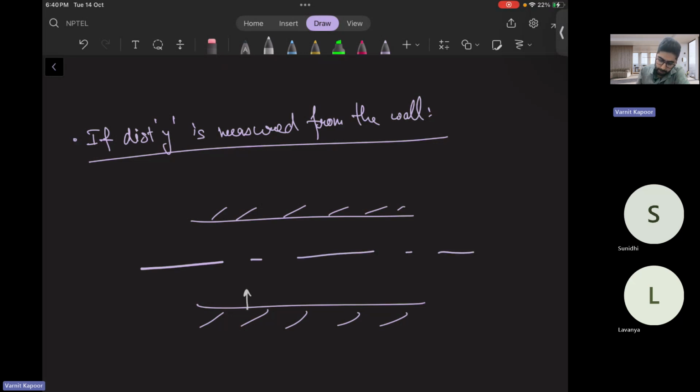Y is from the base. Okay, and I know that this is my h by 2. Again, my velocity profile distribution will be the same, parabolic. Okay, my whole length is h.